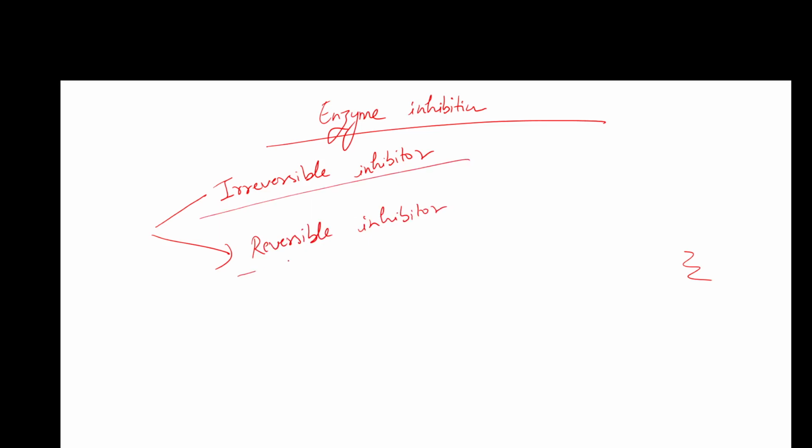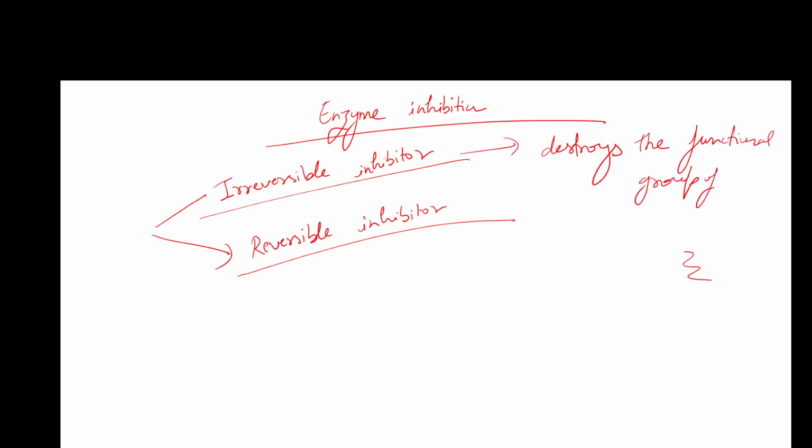Okay. So an irreversible inhibitor is the kind of inhibitor that, when it binds to the enzyme, destroys the functional group of the enzyme, and thus the enzyme will lose its catalytic activity. There is no going back in this case.